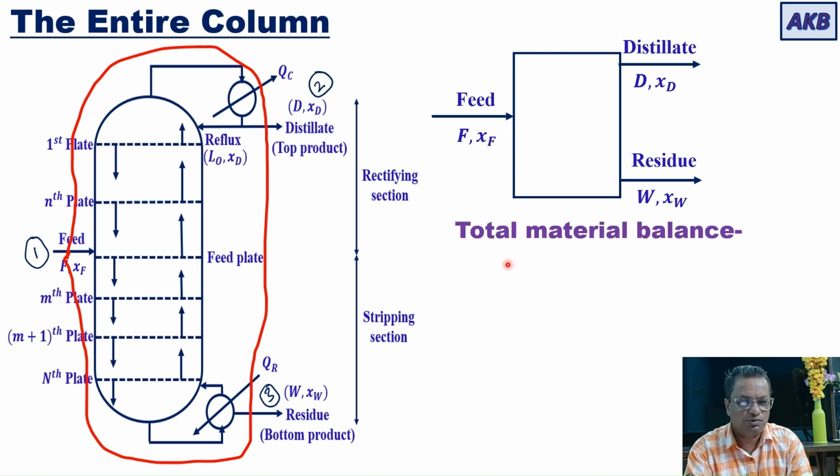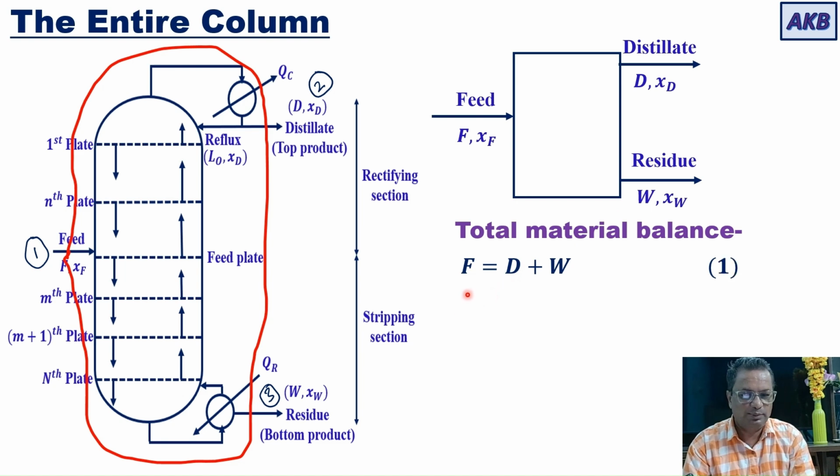So for the total material balance, we are going to write it under steady state conditions, where input material is equal to output. The rate at which material comes into the column is equal to the rate at which it goes out of the column. Here, the material comes with the feed and goes out with the distillate and bottom product.